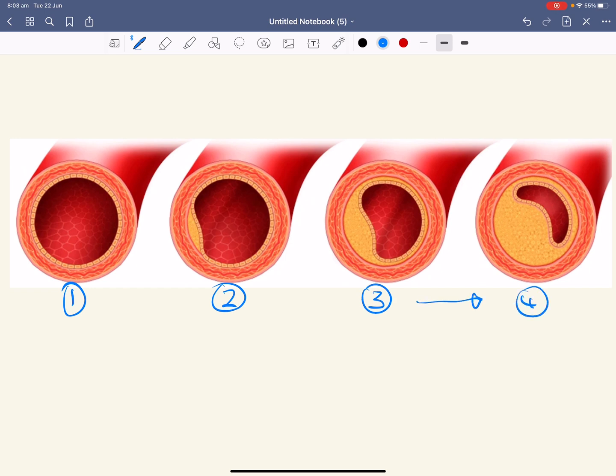Essentially, many textbooks will do this differently. It's not really that important that you know precisely what stage is what, but you just need to know, generally speaking, how it progresses from a normal blood vessel, which we see here, into a very severe complicated plaque, which we see here. So step 1, essentially we need to have an injury, an endothelial injury.